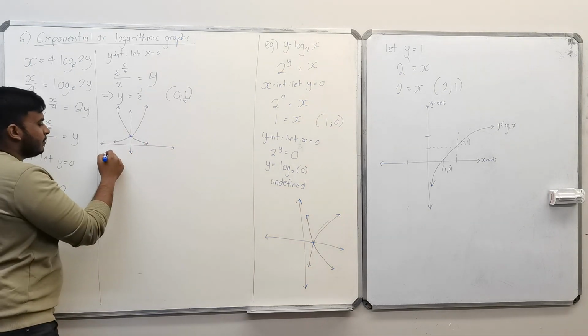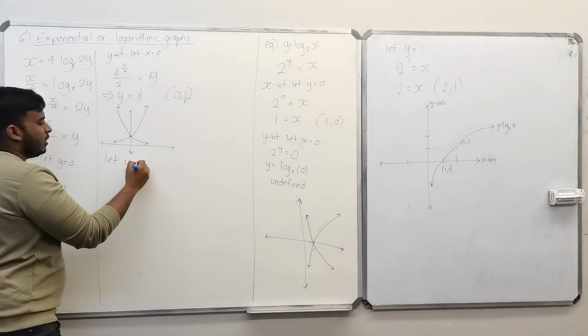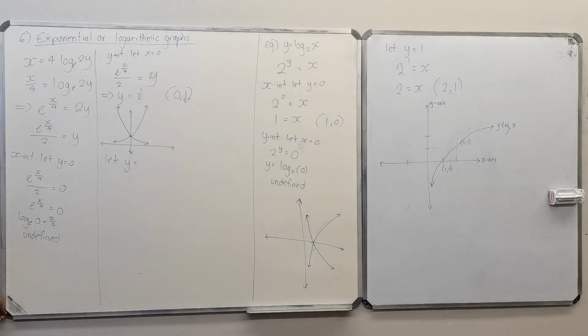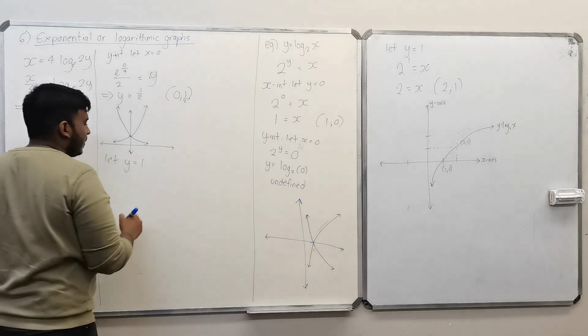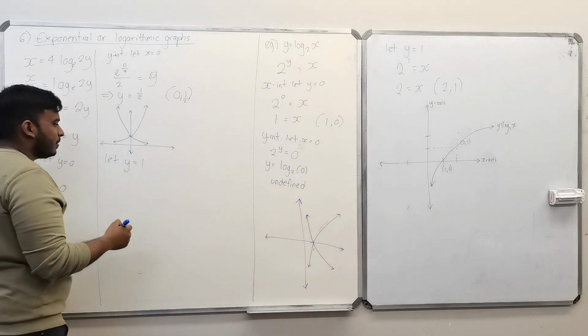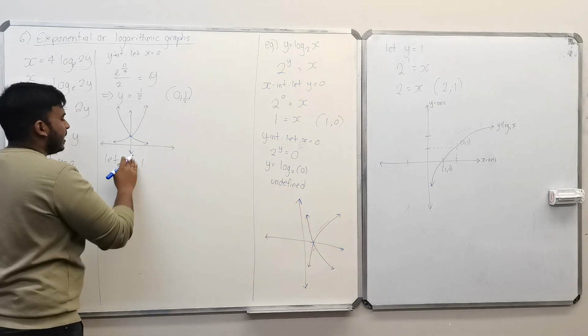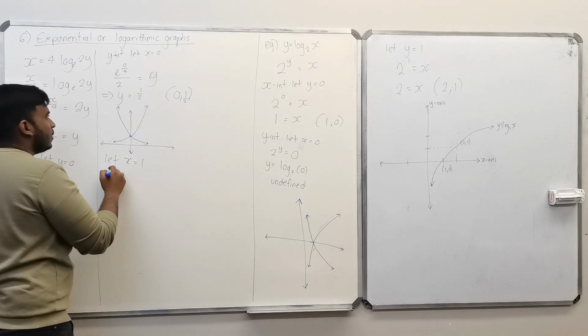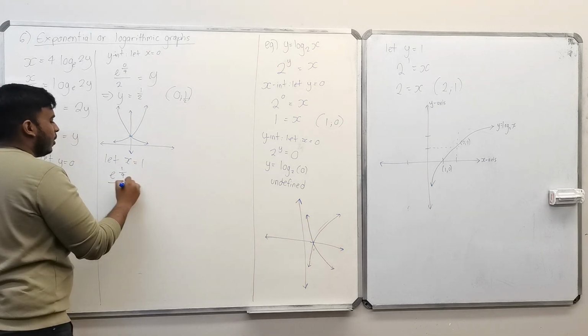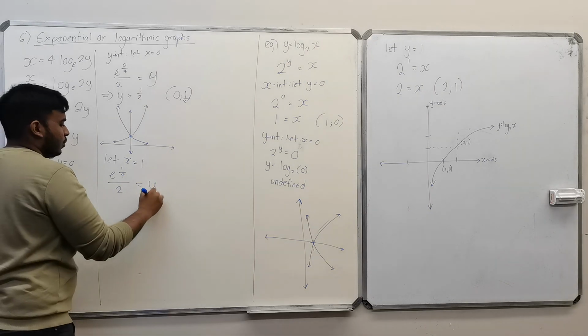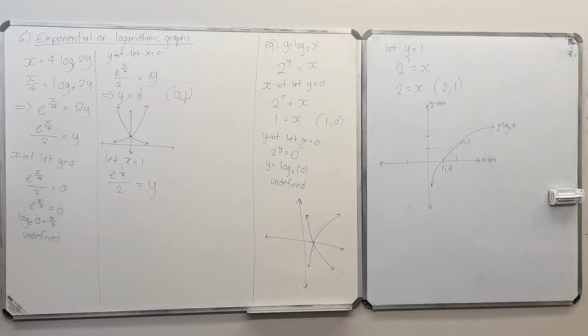So let x equal to 1. So this would be e to the power 1 over 4 all over 2 equal to y. So what's the value of y?